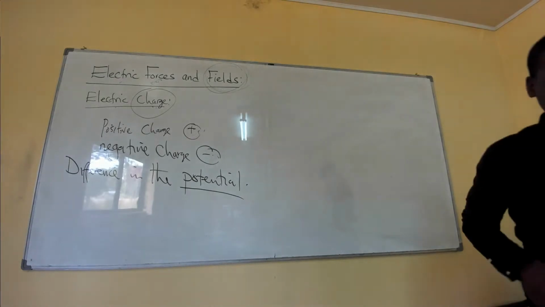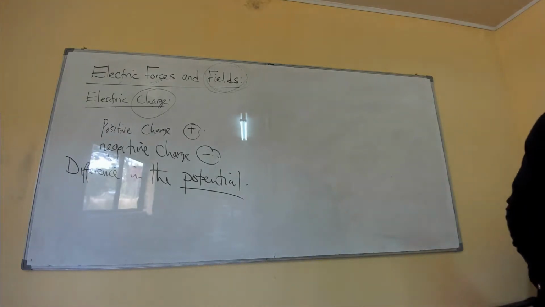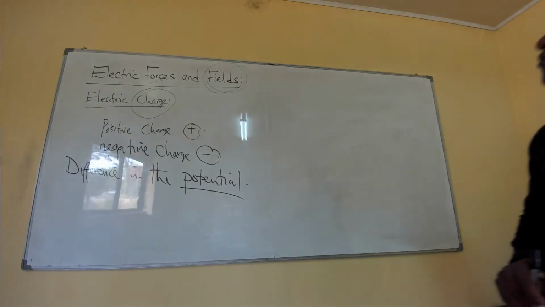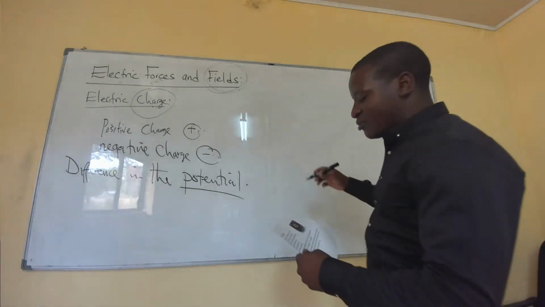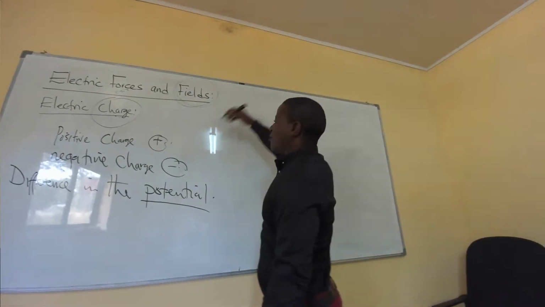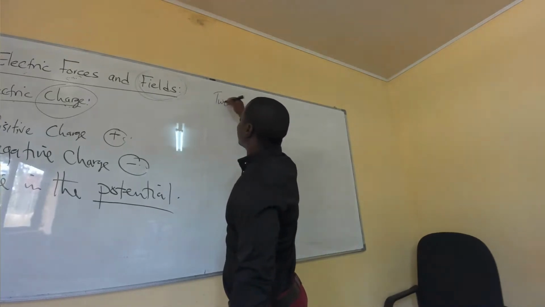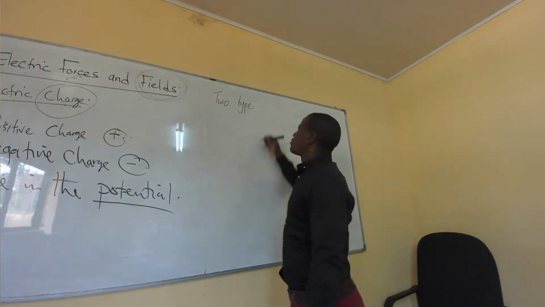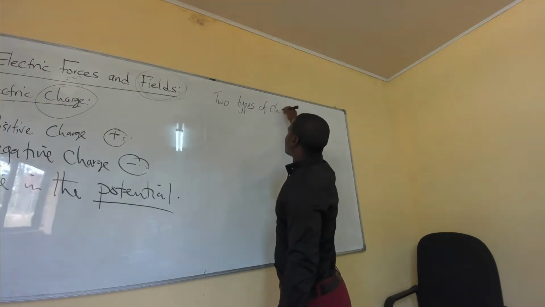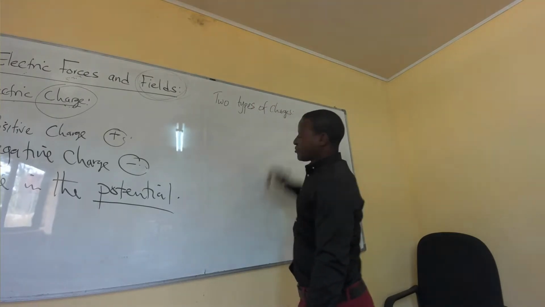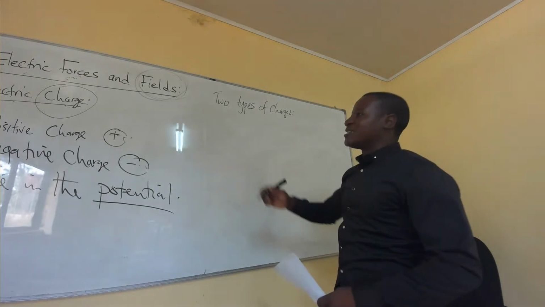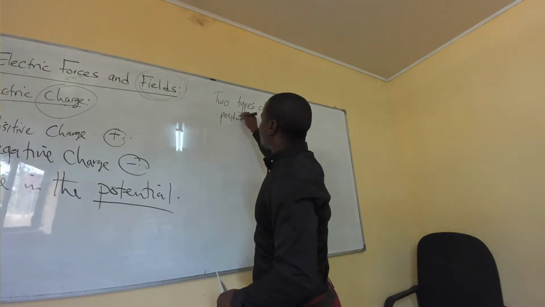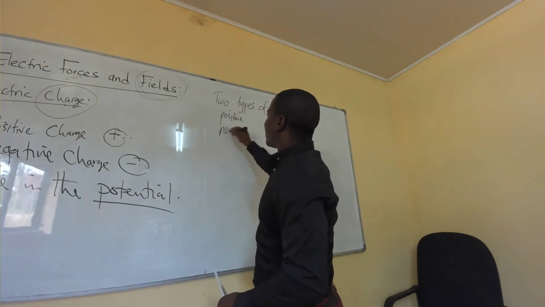All right, so moving forward, we have what is called the two types of charges. Of course, I've mentioned that, but just for the sake of people that are writing notes, we have two types of charges. The first one is the positive, and the other one is the negative.